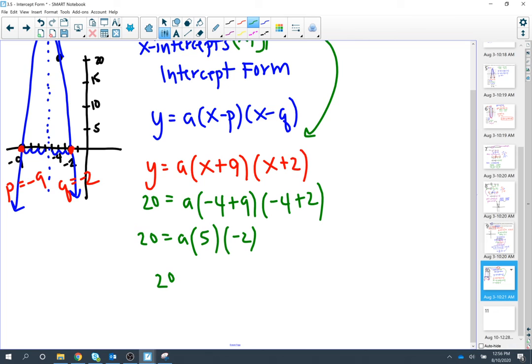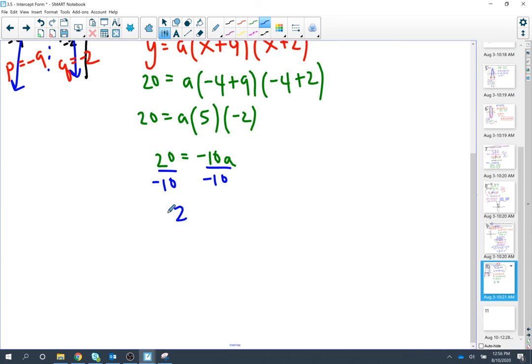So 20 equals 5 times -2, which is -10a. And then divide by -10. So a equals -2.